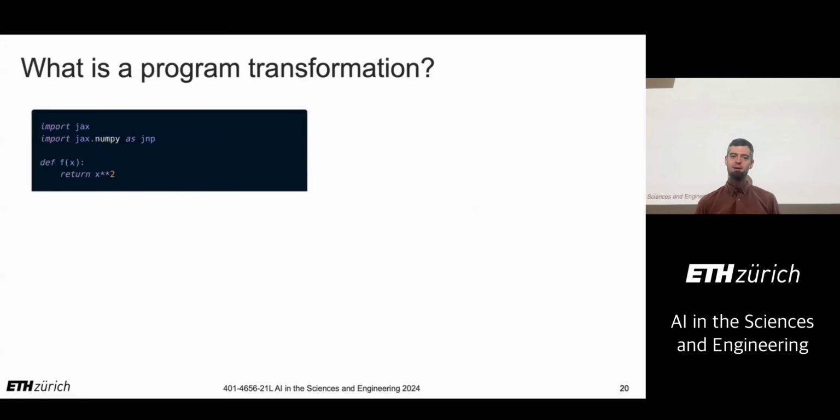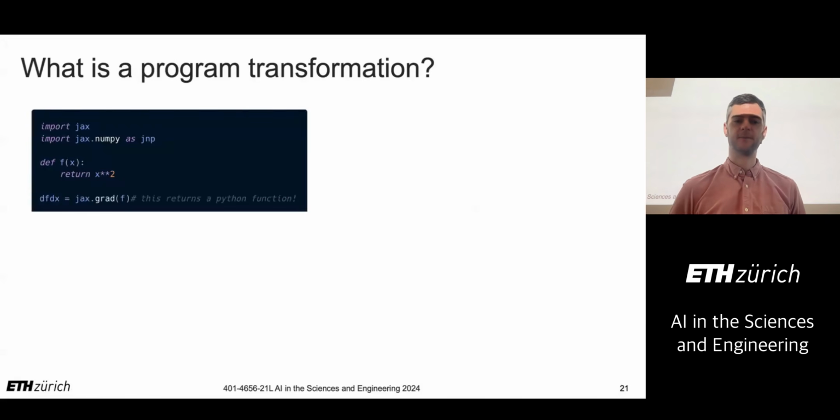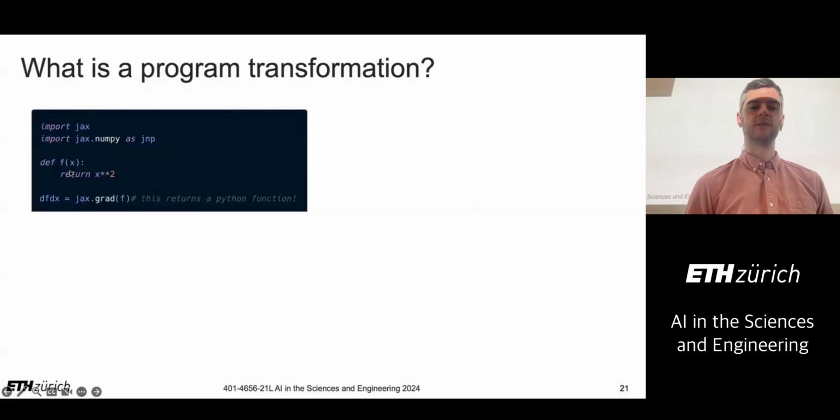So what is a program transformation? Let me write a very simple function here in Python. This is just a function that takes the value of x and returns x squared. A program transformation in JAX looks like this. It turns that function into a new function that, instead of computing x squared, computes the gradient of this function.